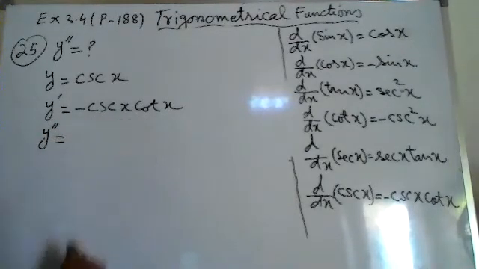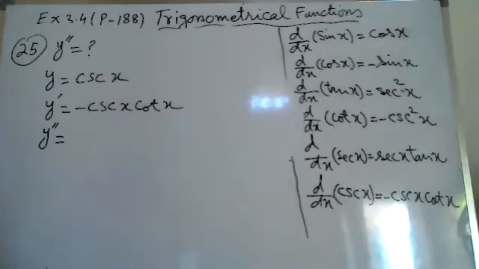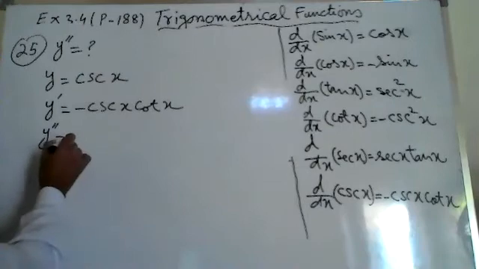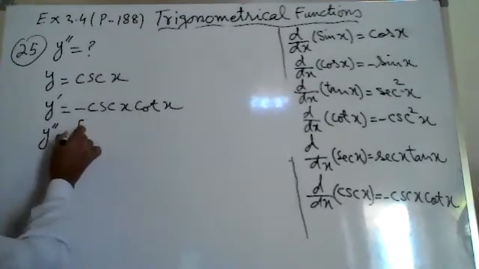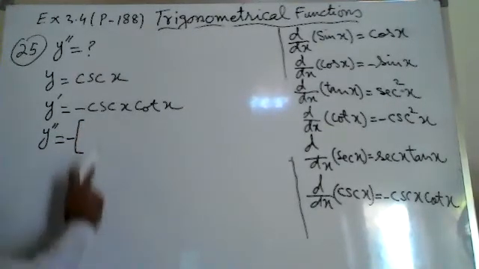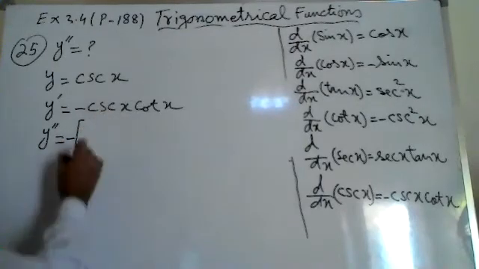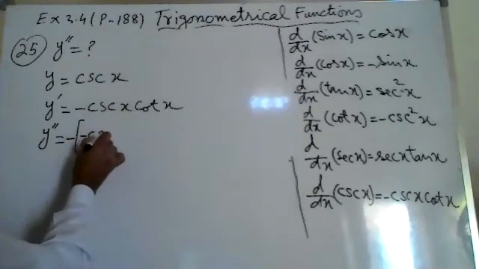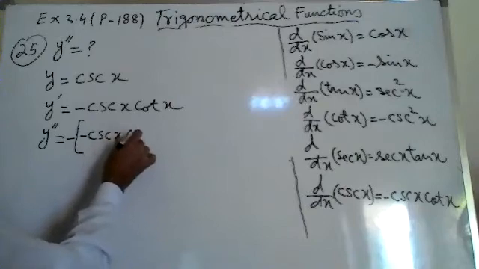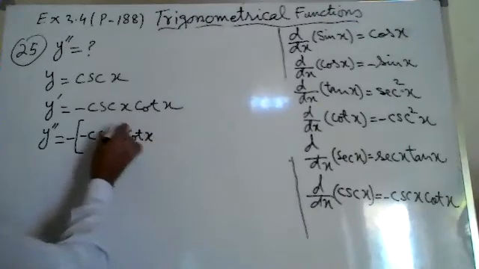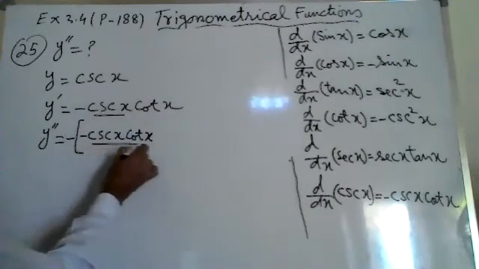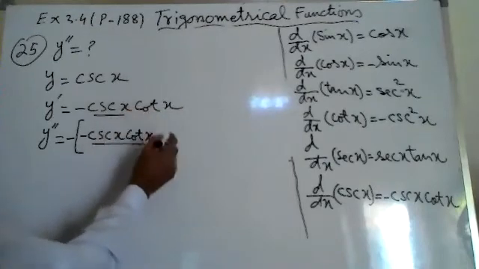Now there are two functions, cosec x and cot x. So we will use the formula u into v. So minus is common, that is outside. The derivative of cosec x will be minus cosec x cot x, the derivative of this one into the second function cot x.